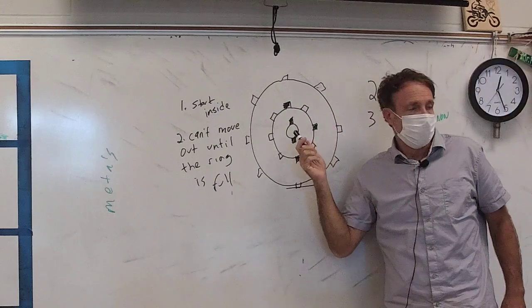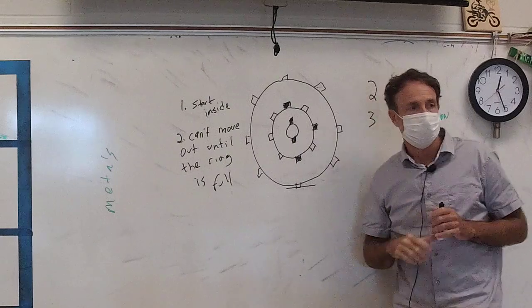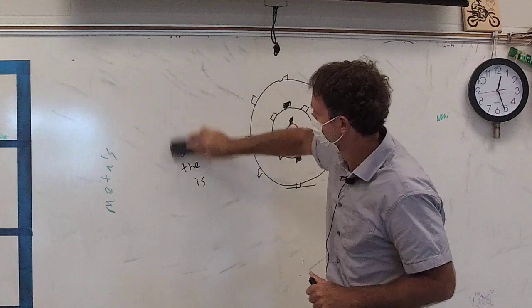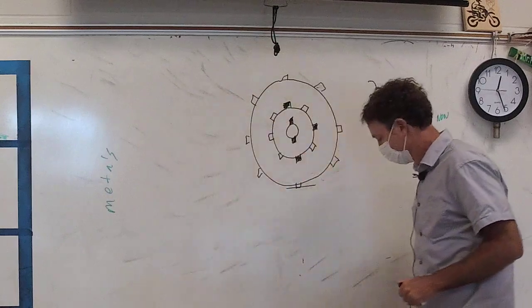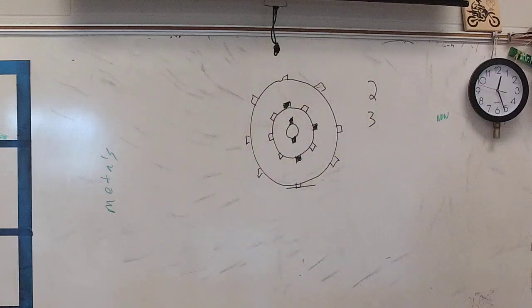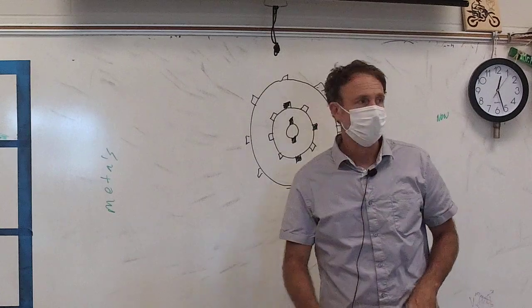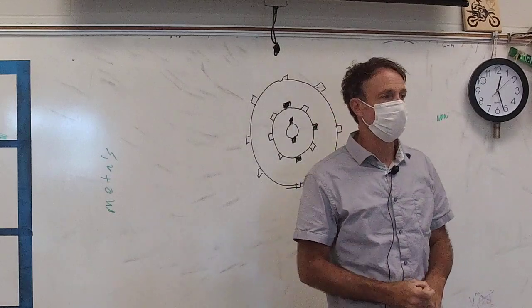Add pieces to your game board until you have 10 pieces. We got to start on the inside, and we have to work our way out. So we're going to add 10 pieces to this.